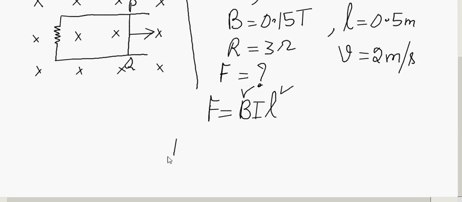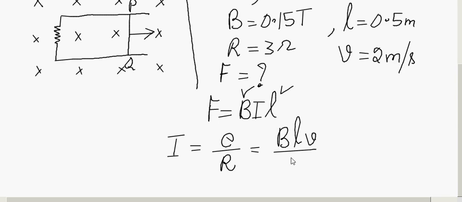This is the motional EMF. So I is E by R, which is BLV divided by R, because motional EMF is given by BLV. Now substitute this value of I in the force equation.